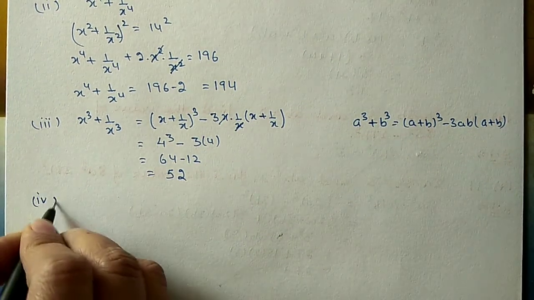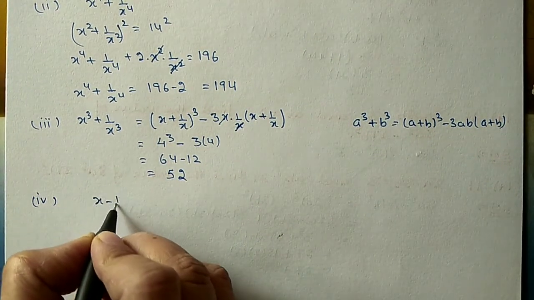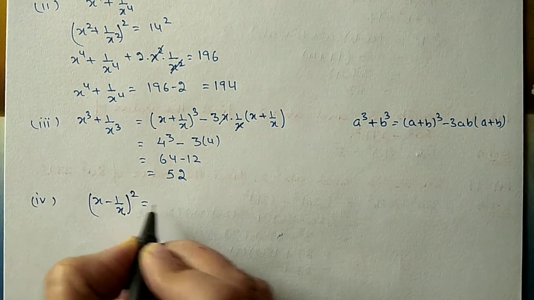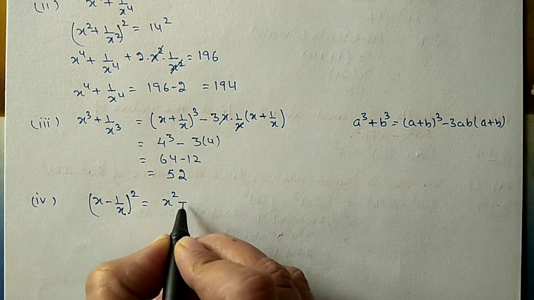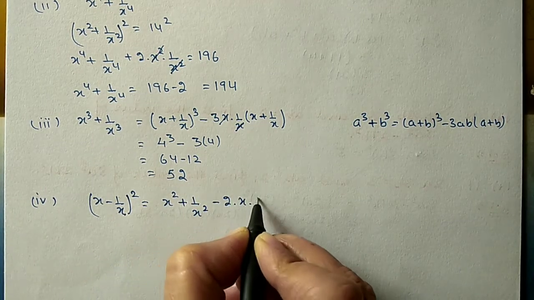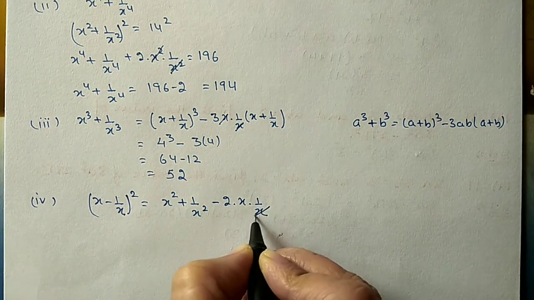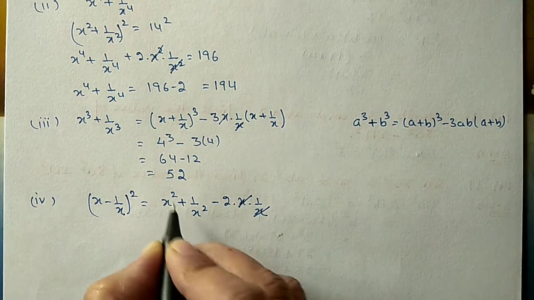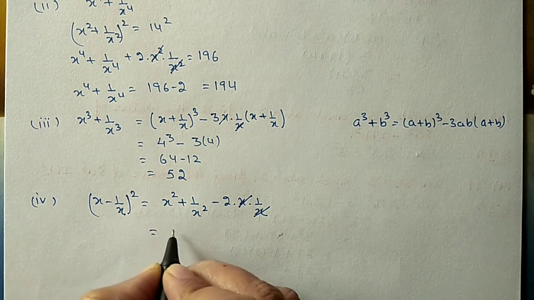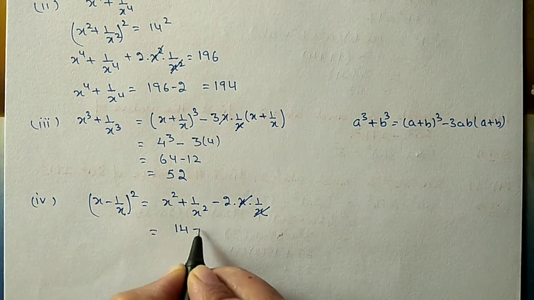Next, fourth part, we have to find out x minus 1 by x. So we will do the squaring of this. We will use the formula: this is equal to x square plus 1 by x square minus 2 into x into 1 by x. This thing will cancel out. This value we have calculated in the first part, we can substitute here. This is equal to 14 minus 2.